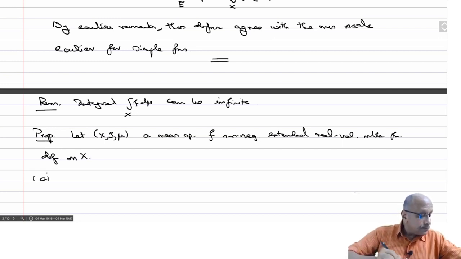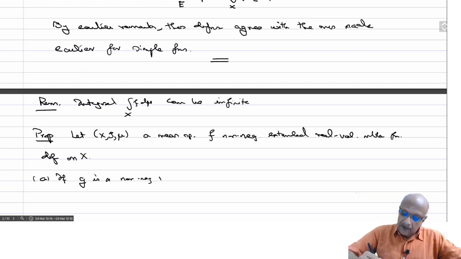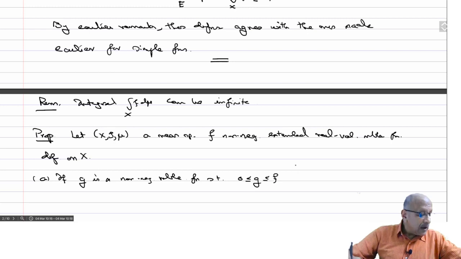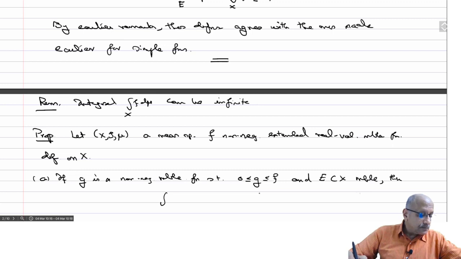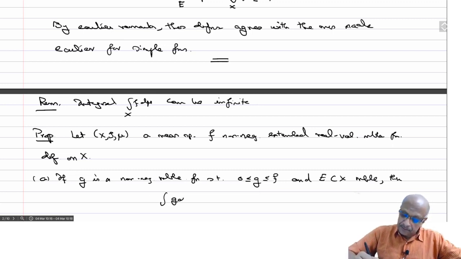A. If g is a non-negative measurable function such that 0 is less than or equal to g less than or equal to f, and E contained in X measurable, then the integral of g d mu over E is less than or equal to the integral over E of f d mu.